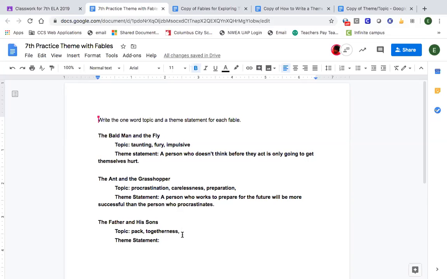Think about when you have a team, like an athletic team or an orchestra or a choir. If everybody's working together to accomplish the same goal, the likelihood of that goal being accomplished is higher than if one person was trying to do it all by themselves.